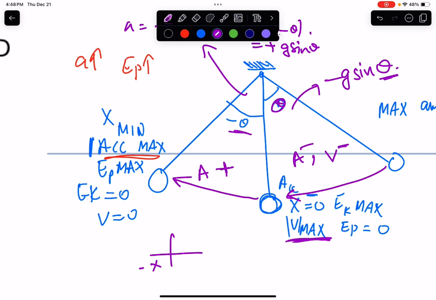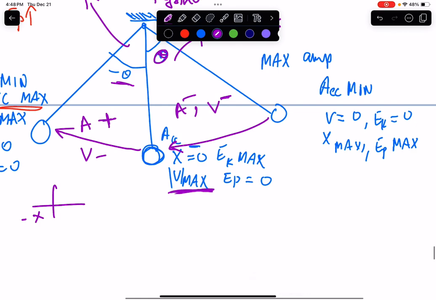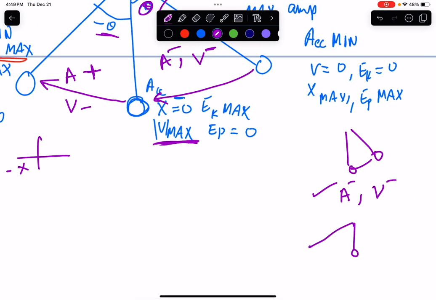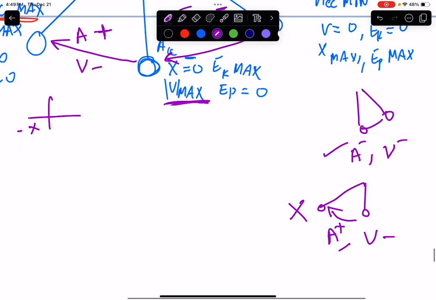But the object is still going to the left, so the velocity stays negative. Therefore, when you're going from here to here, the acceleration is negative and the velocity is negative, so it's in the same direction. Then when you're going from here to here, the acceleration is positive, but the velocity is negative, so that's not in the same direction.